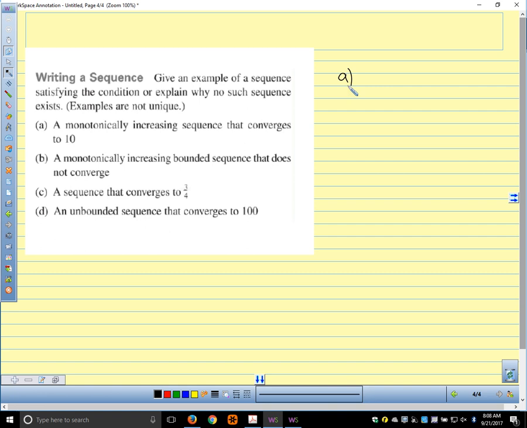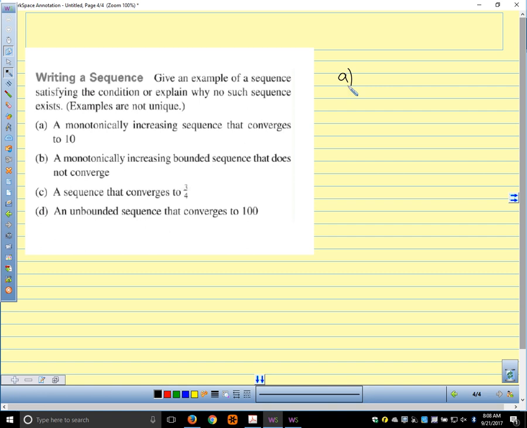Like 10 ln x? Well, ln x increases, but it's not bounded. How about then one that converges to 1? What's the one that converges to 1? Is there one?